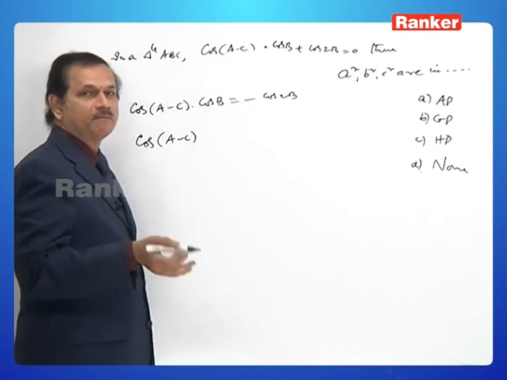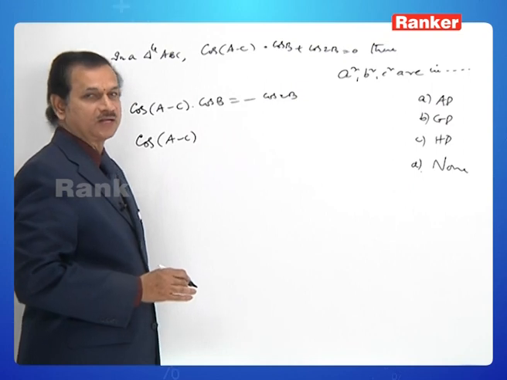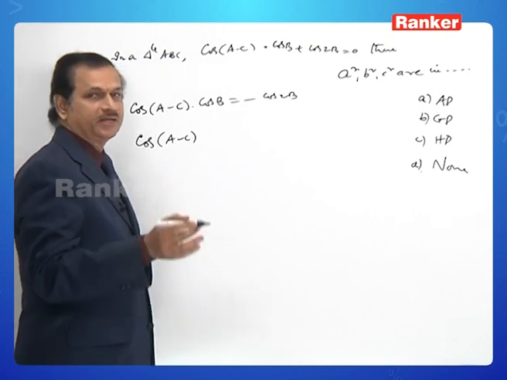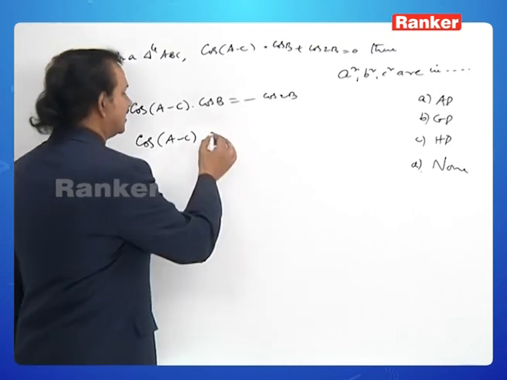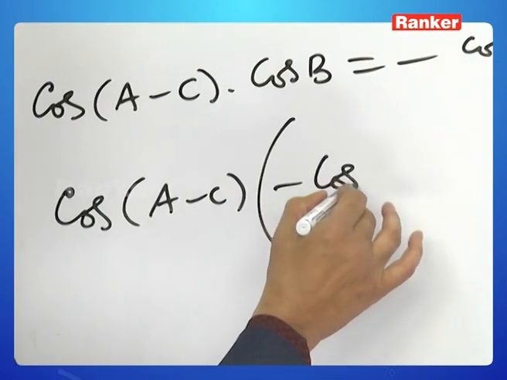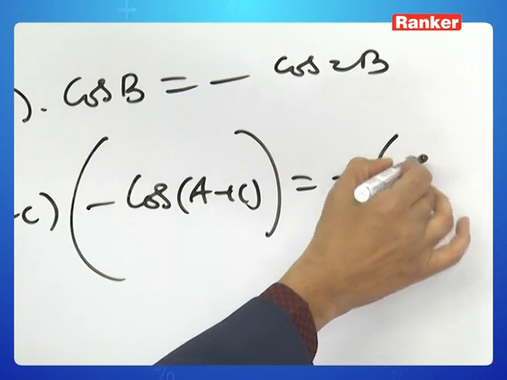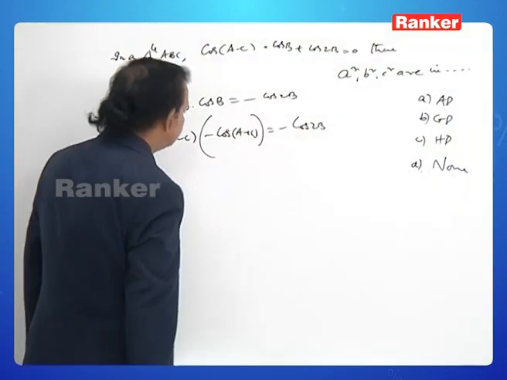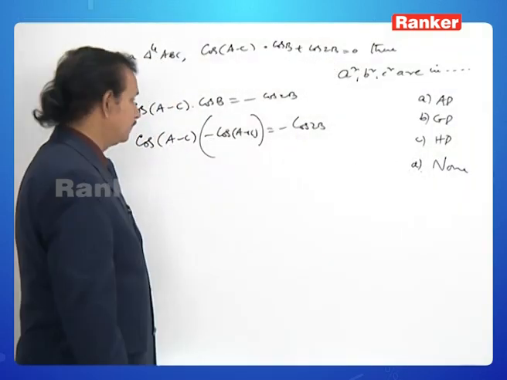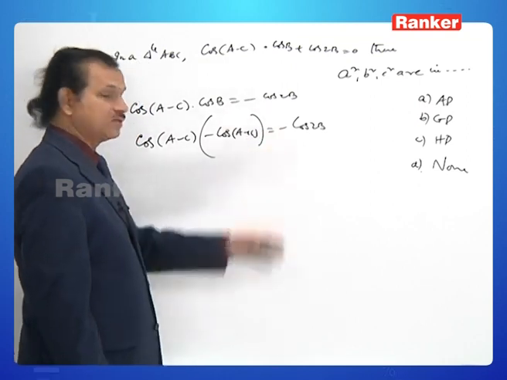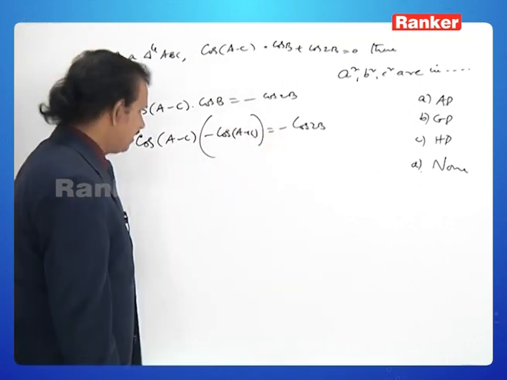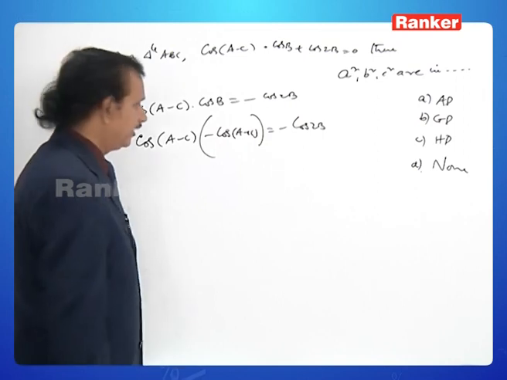See, B and A plus C are supplementary, isn't it? Therefore, cos B can be written as minus cos of A plus C. Minus cos A plus C is equal to minus cos 2B. Now I can cancel this negative symbol, that is, multiply with minus 1 on both the sides, it will go away. Well done.